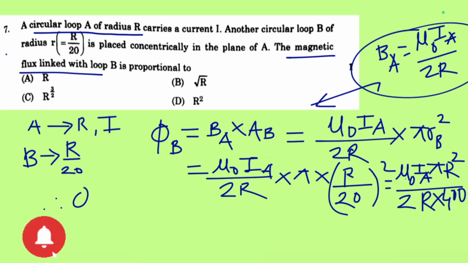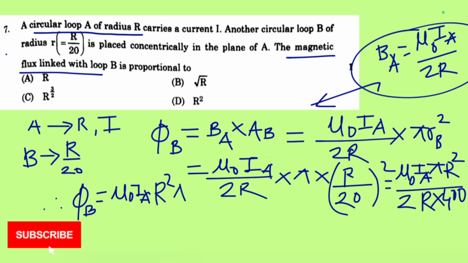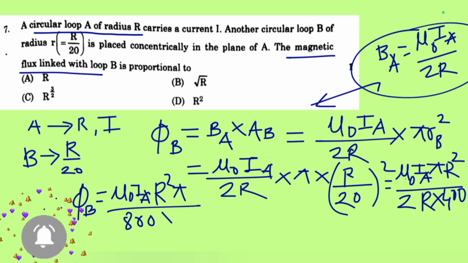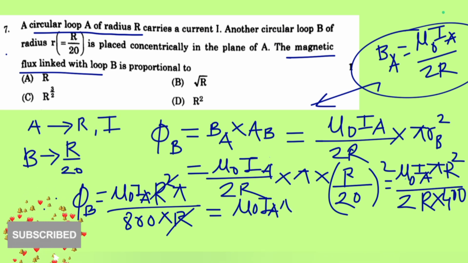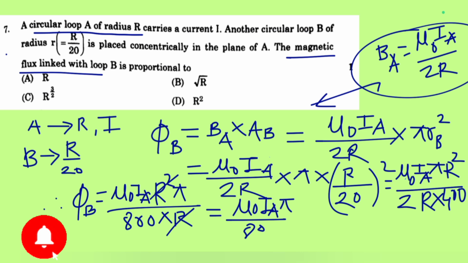So the magnetic flux linked with coil B is equal to mu naught I pi r square upon 800 multiplied by r. There is r square in the numerator and only r in the denominator, so what is remaining here? Mu naught I pi upon 800 multiplied by r only.